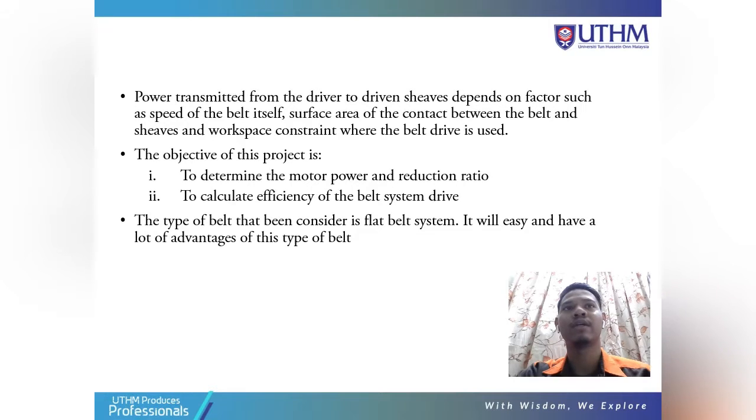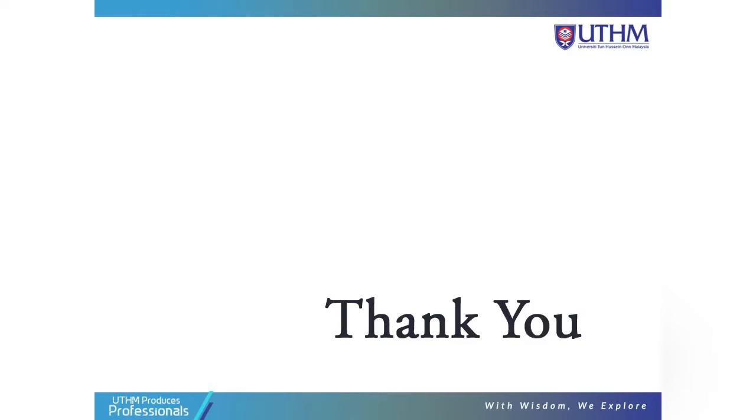The second one is to calculate efficiency of the belt driver system. In this project, the type of belt that has been considered is flat belt system. We use it because it's very easy and has a lot of advantages. So that's all from me.